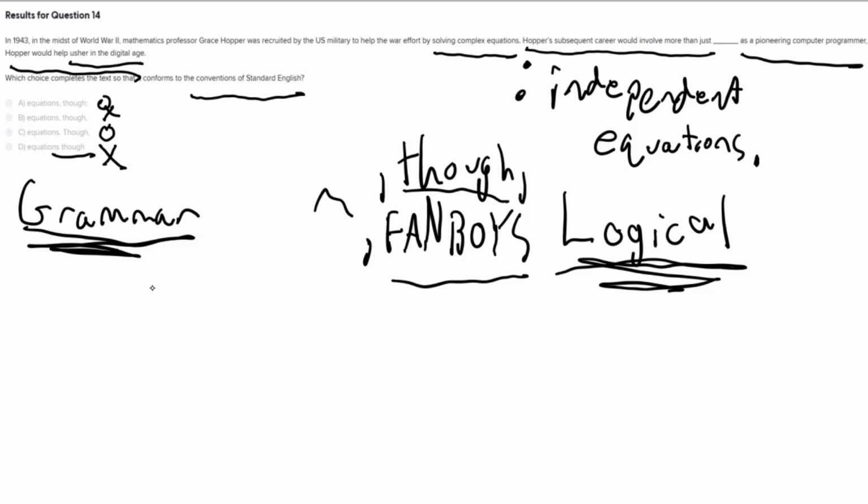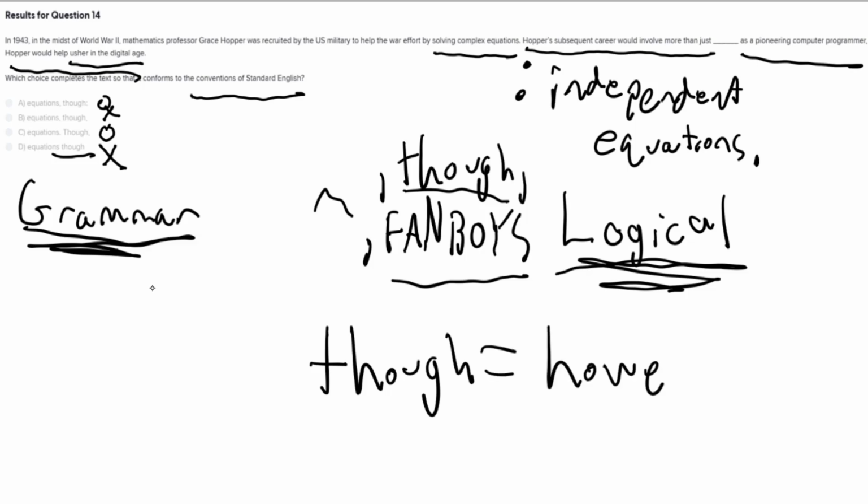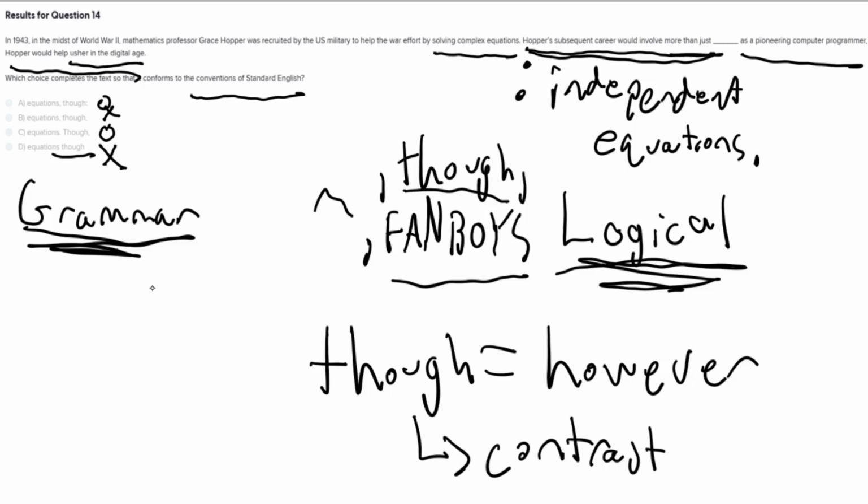So another element is logical. Does it logically complete the sentence? The big point in this one is the though. We can consider though as equal to however. It's contrasting the ideas of the previous sentence. So would it make sense for us to contrast this idea with the first sentence?